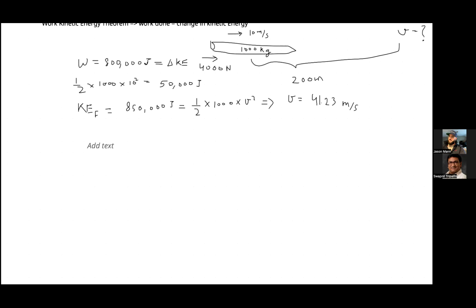So at any point of time, the total energy is the sum of kinetic energy and potential energy. So we can write it as T1 is equal to T2. T stands for the total energy.